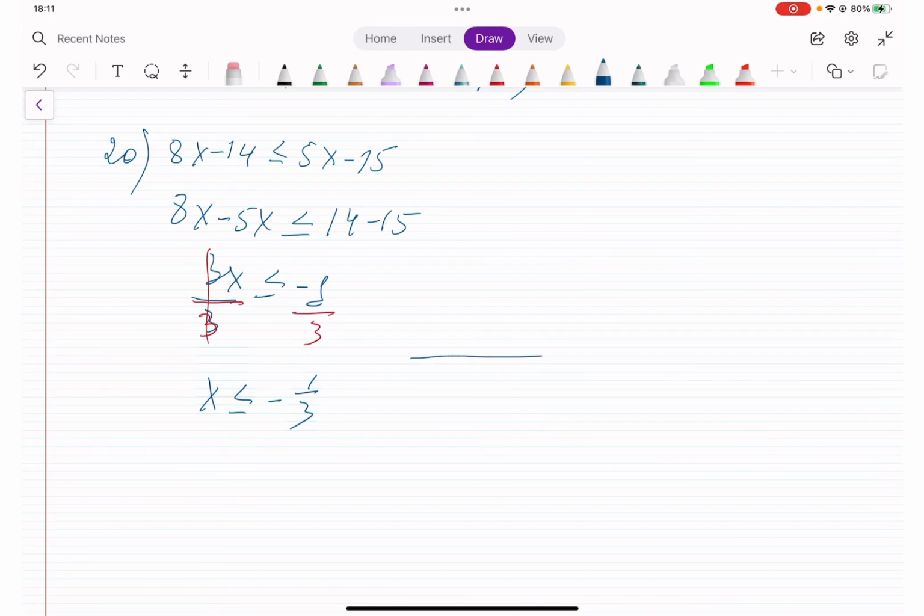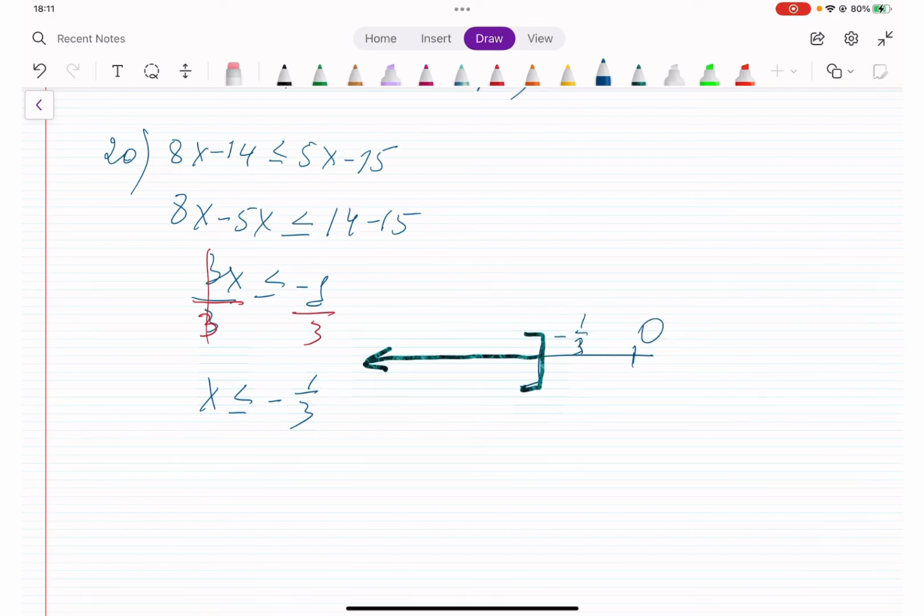So it's going to be less than or equal, with the equal sign, and it's going to look like that, going to the left from negative 1/3. Let's say this is 0.